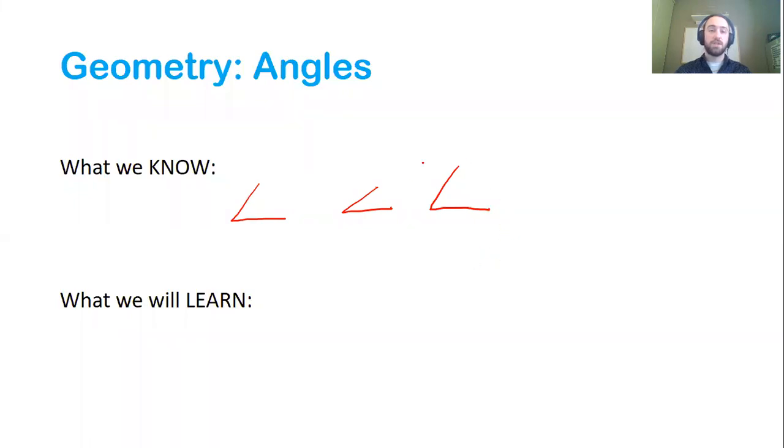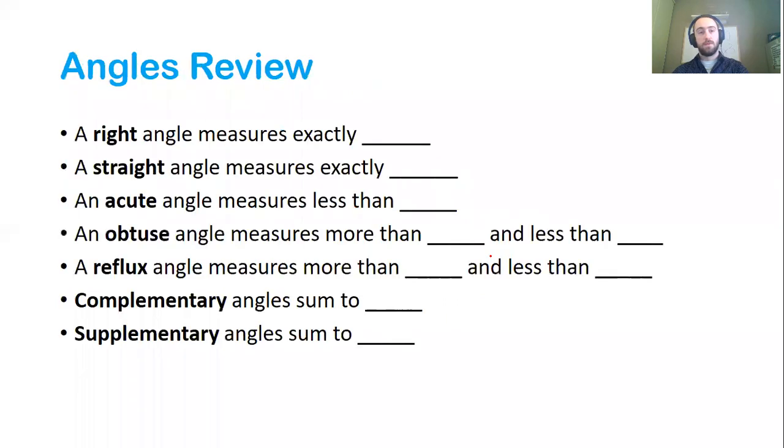Today, we're going to look at the geometry behind angles. We're going to talk about seven rules that are going to be useful in helping us find different angles. So before we get going into that, let's go through a bit of a review when talking about angles. So a right angle measures exactly 90 degrees.